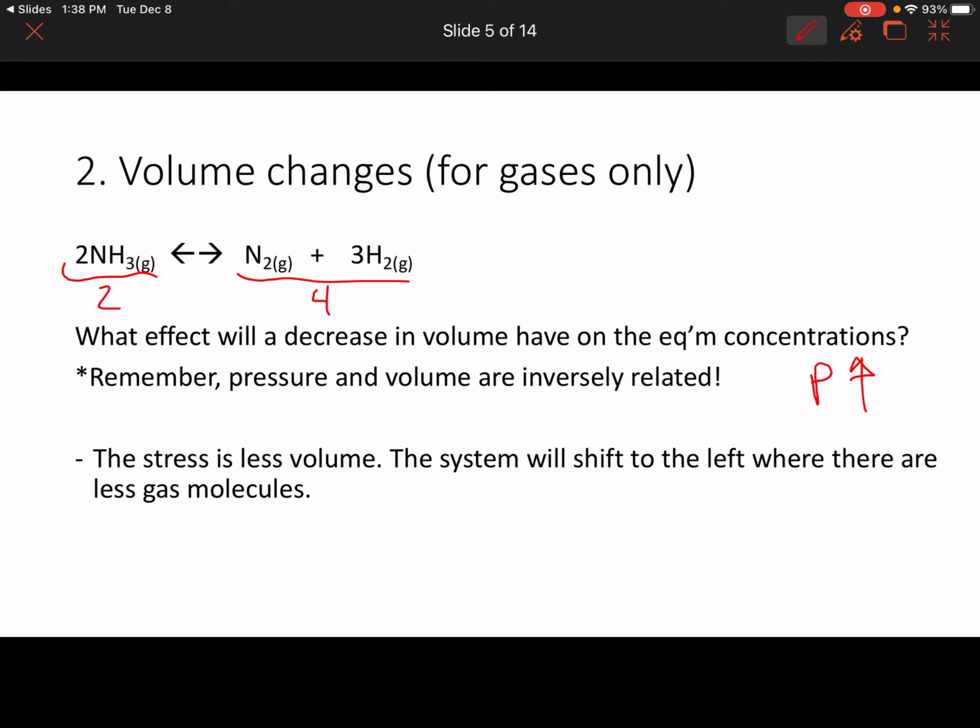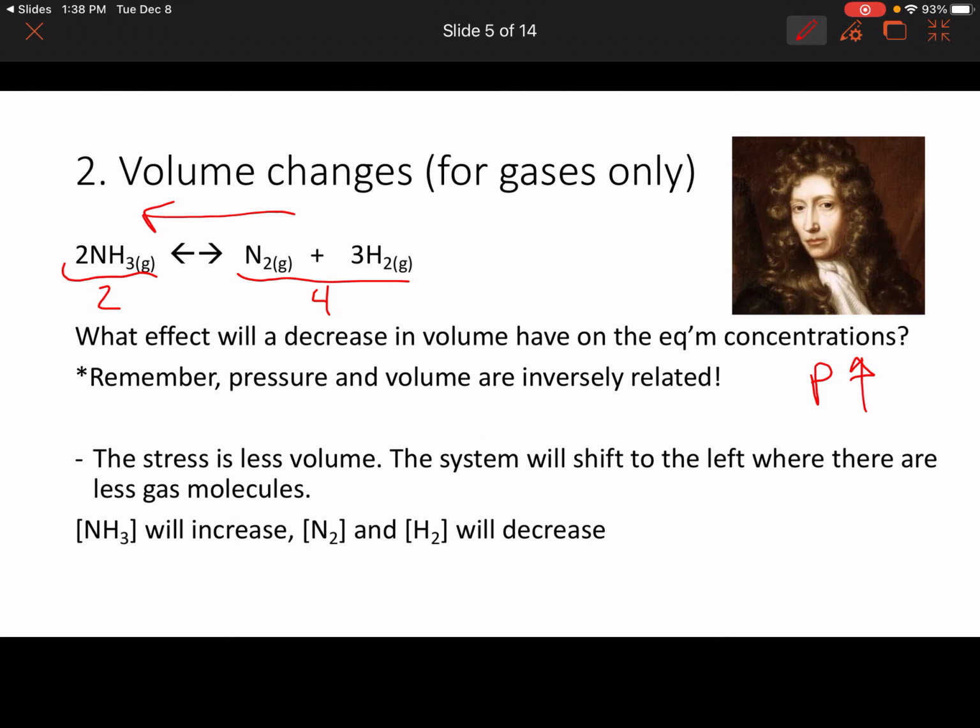So equilibrium is going to shift left, where there are fewer gas molecules. To the left, to the left. When I say it goes to the left, what I mean is the reverse reaction is now favored. So the concentration of NH3 is going to increase, and at the same time, the concentration of N2 and H2 will decrease.